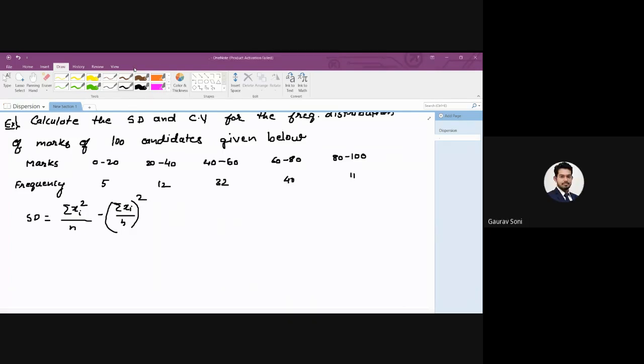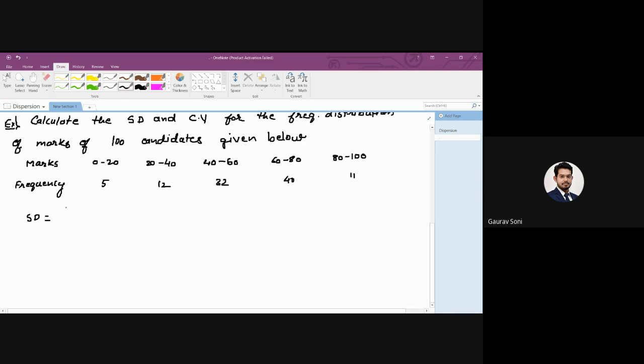So here we are not dealing with the raw data. Here you have a frequency distribution. So the formula has to include the frequency.